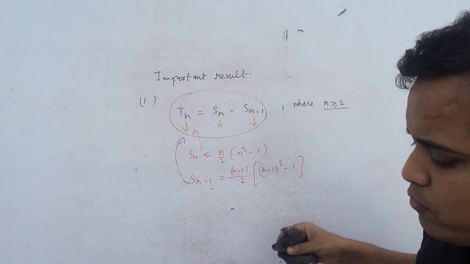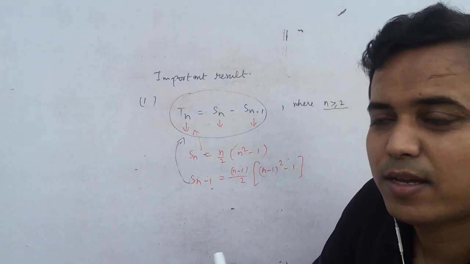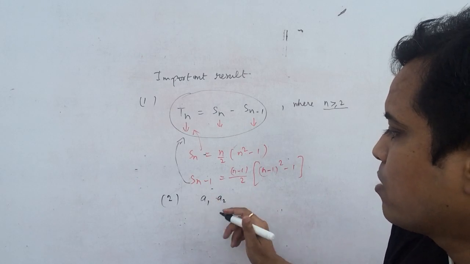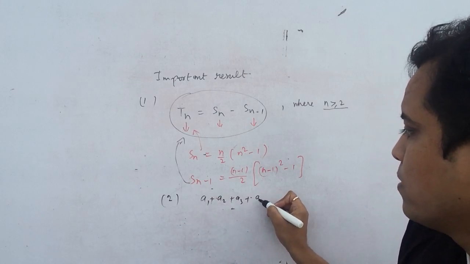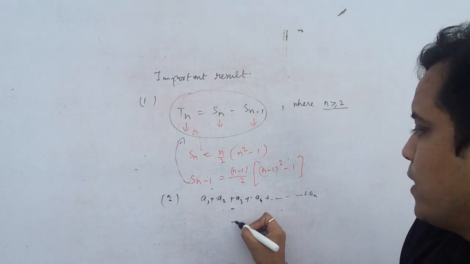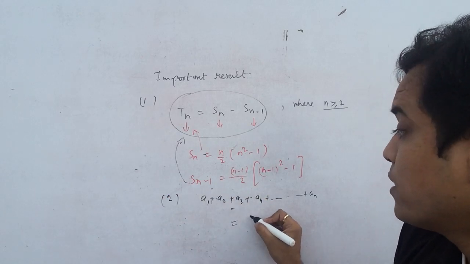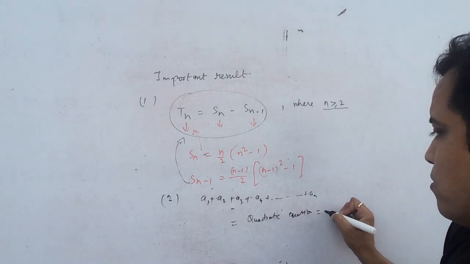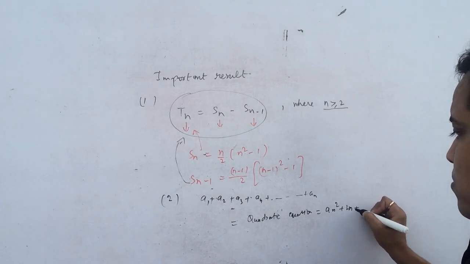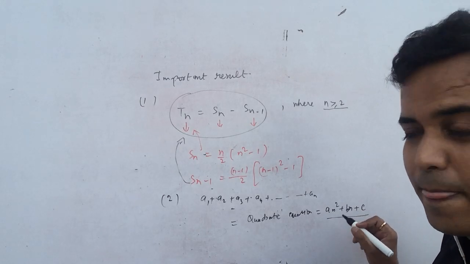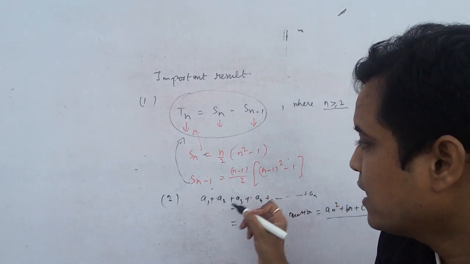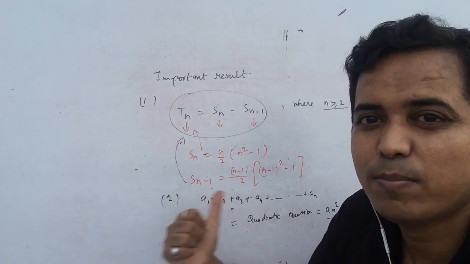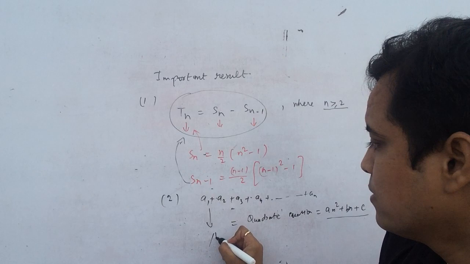And if the sum of n terms of any sequence is a quadratic expression, like if you're finding the sum of n terms a1, a2, a3, a4, and the sum is a quadratic expression in n, like an square plus bn plus c, where n is the variable and a, b, c are constants, then you can say that this a1, a2, a3, a4 up to an sequence is in AP.